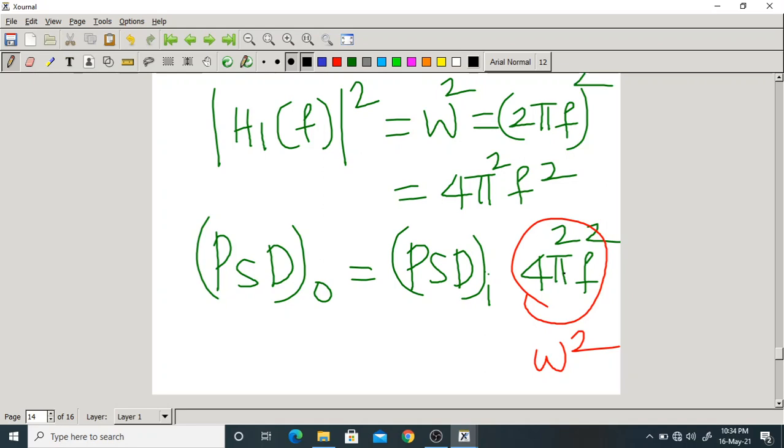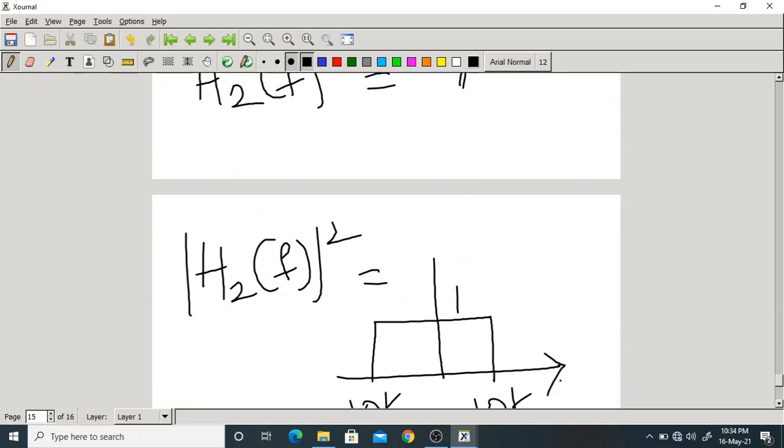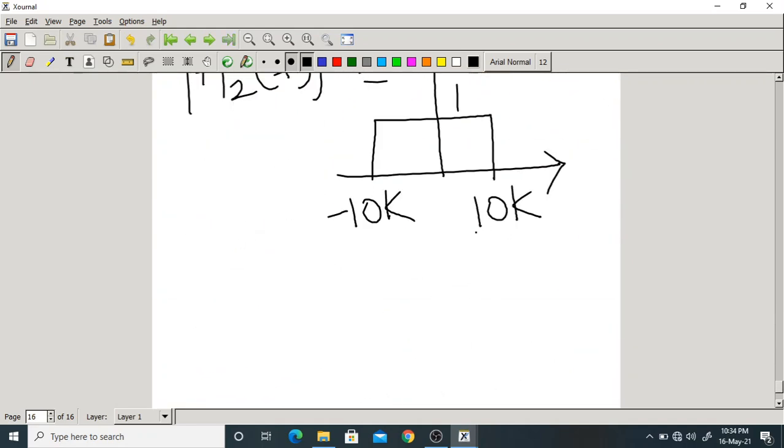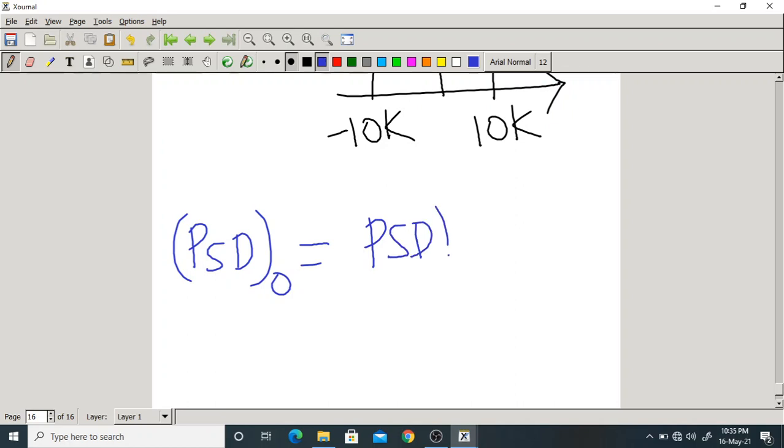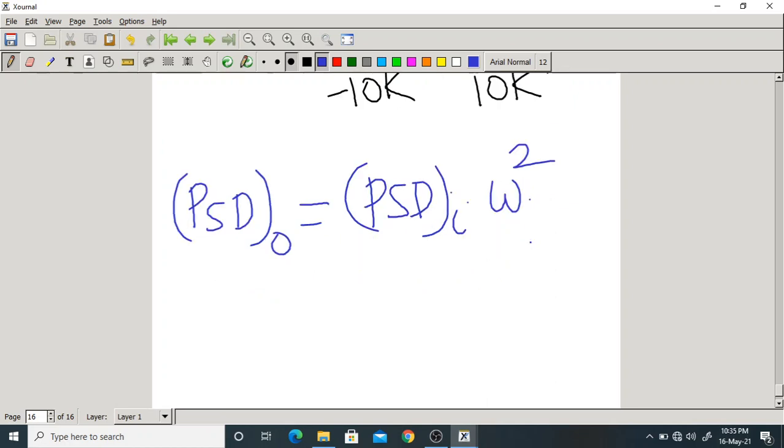Now, what is the output PSD? Input PSD into 4 pi square f square into this figure. Okay, so let me write properly. PSD at the output side equals PSD at the input side into omega square, I am writing omega square, and into this low pass filter, otherwise H2 of f whole square.